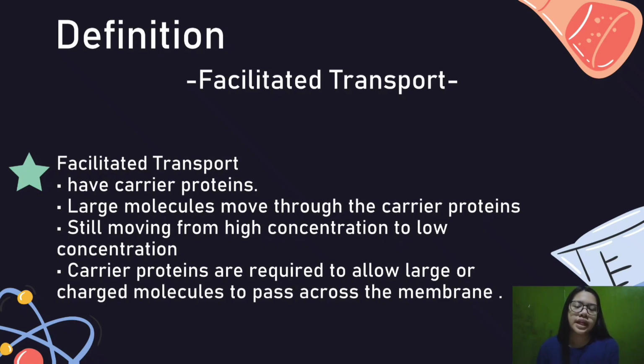Since membrane proteins are needed for transport in facilitated diffusion, the effect of temperature is often more pronounced than in simple diffusion. These are all examples of facilitated diffusion. It requires transport proteins and moves with the concentration gradient, from high to low concentration.